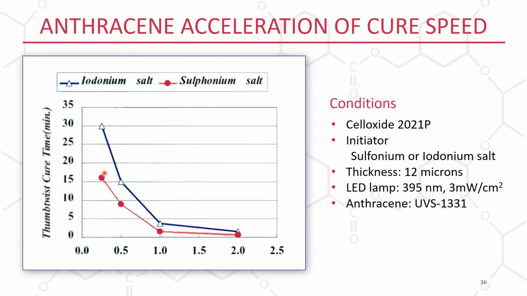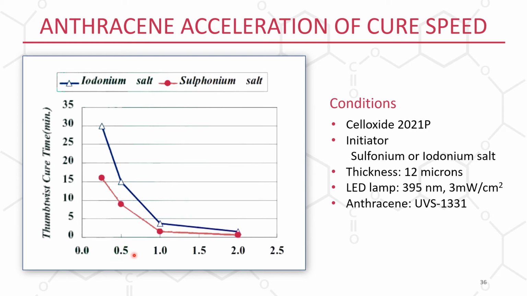So let's start out here at ground state, where at the start we have no anthracene derivative in our formulation. In red is the sulfonium salt, and blue is the iodonium salt initiator. We see that it takes 15 minutes for the reaction to cure under exposure to light, while it takes 30 minutes for the iodonium salt. However, you start adding increasing amounts of the anthracene derivative.